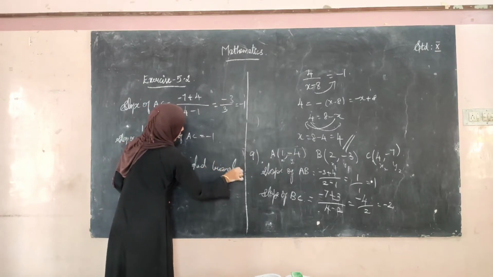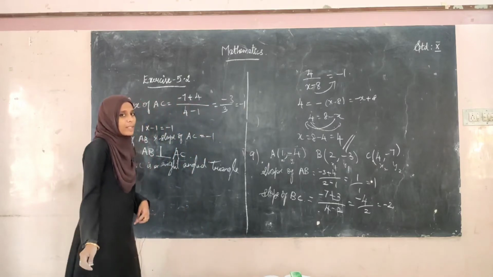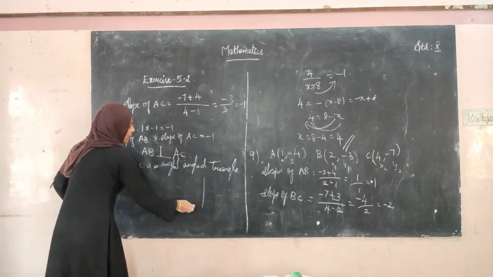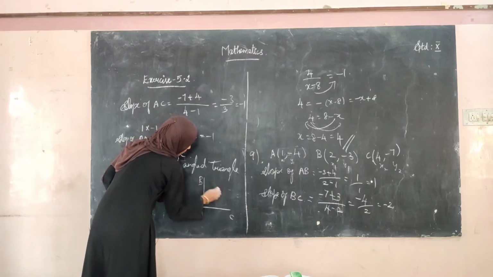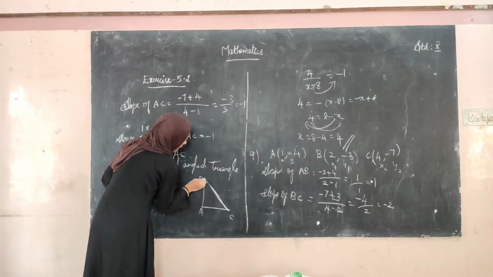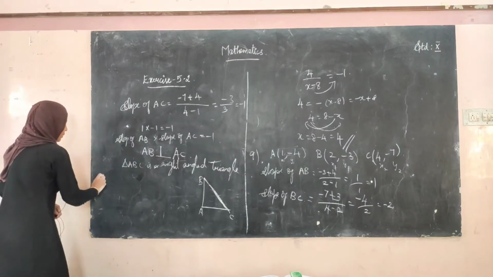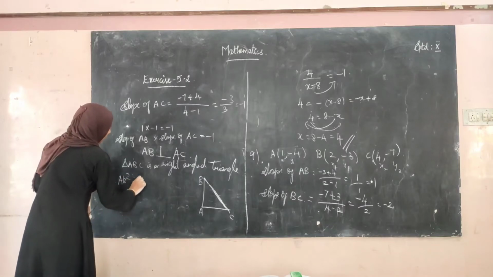Right angle triangle. Okay, and again what they have asked is, we have to check whether it satisfies the Pythagoras theorem. So AB and AC form the right angle. This is ABC. For the Pythagoras theorem, we know that BC square is equal to AB square plus AC square.